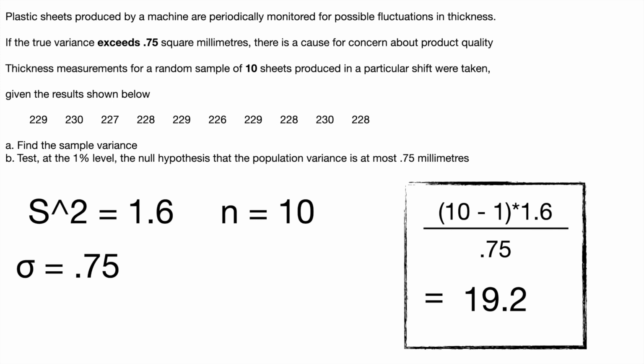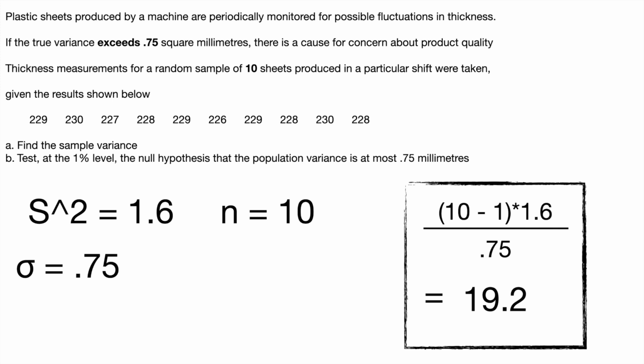The question is asking if the true variance exceeds 0.75 square millimeters, then there's cause for concern. So it's not going to be the null. At least it won't be the null, because we're going to assume everything is normal and then test to see if there may be cause for concern. So we're going to assume that it's at most 0.75.